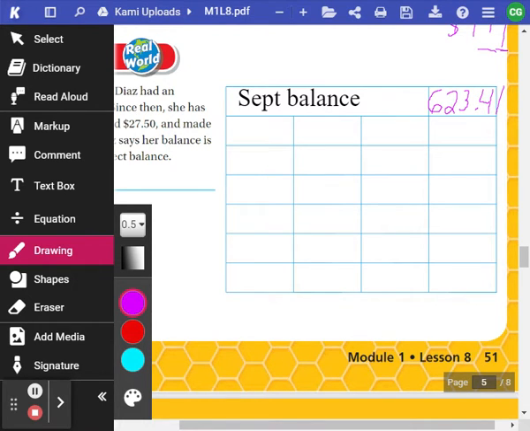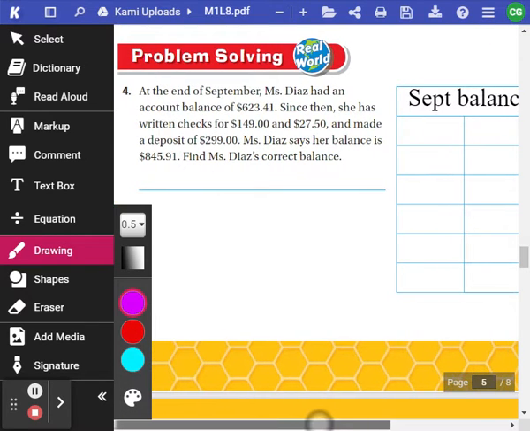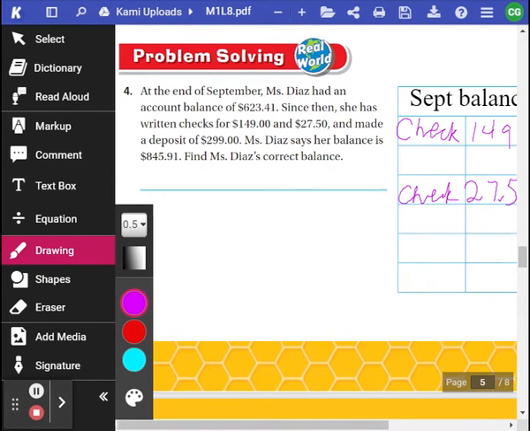Okay. And then she wrote out a couple of checks. So let's take a look. We said that when you write out a check, that's going to be a withdrawal from your account. So the first check was for $149. The second check, and we had to skip a line, is for $27.50.